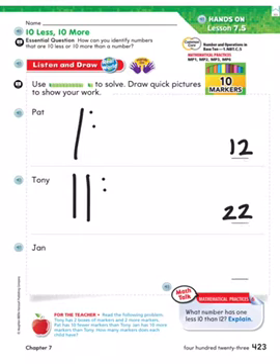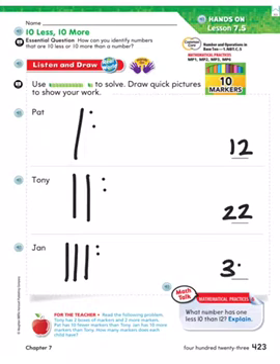The other part of the word problem said that Jan has 10 more markers than Tony. So I can use 10 sticks again, right? If Tony has 22, and I add 1 more 10 stick, that looks to me like I have 10, 20, 30, 31, 32.